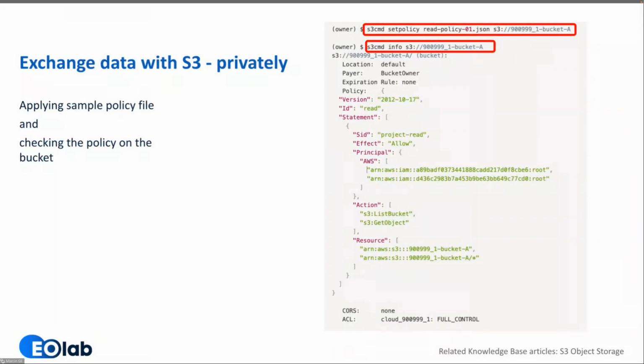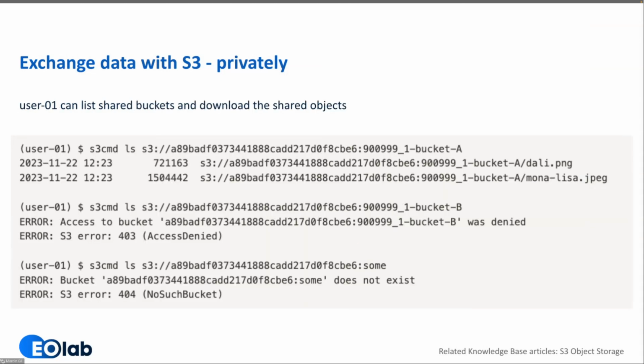After invoking this command, the owner can check the current policy applied to the bucket with S3CMD info, and after that, user one can access these buckets. I showed this on this slide.